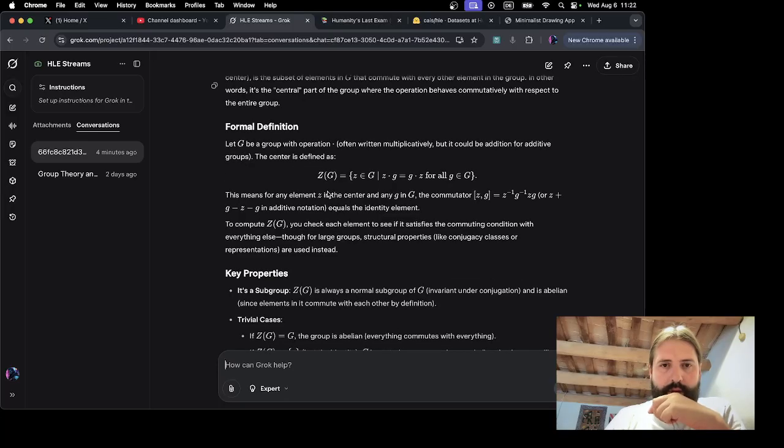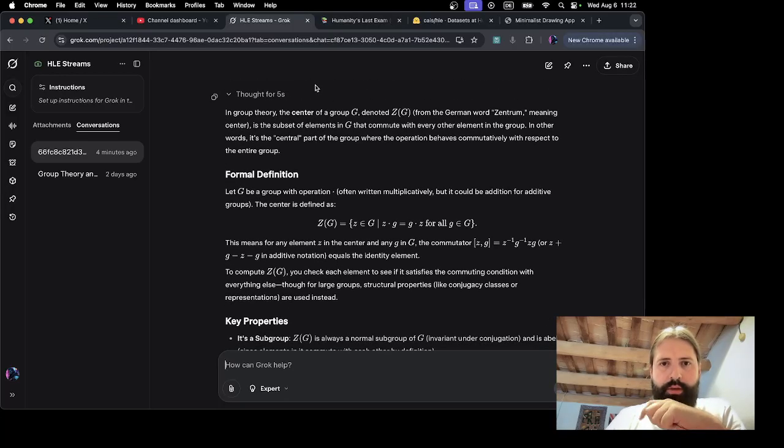So let's go. In group theory, the center of a group, from Zentrum, meaning center, is the subset of elements in G that commute with every other element in the group. In other words, it's the central part of the group where the operation behaves commutatively with respect to the entire group.